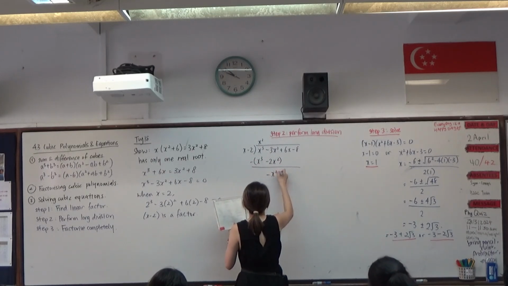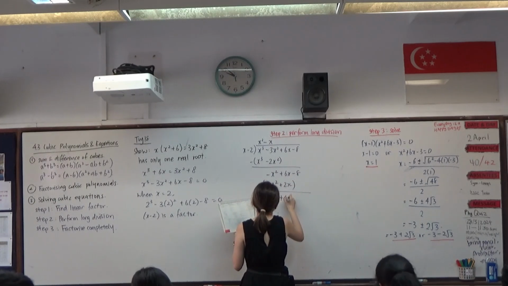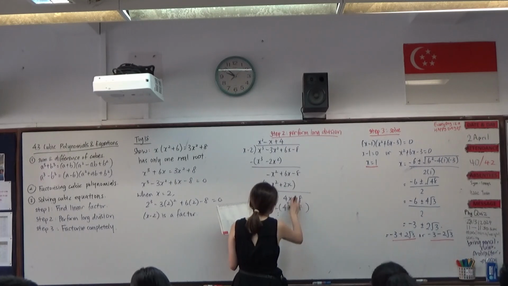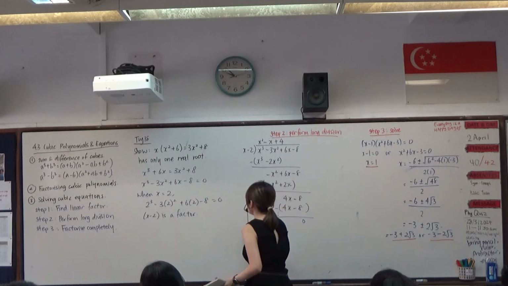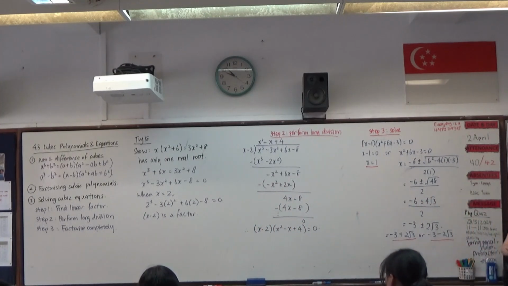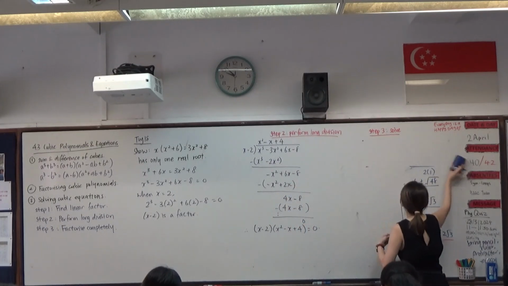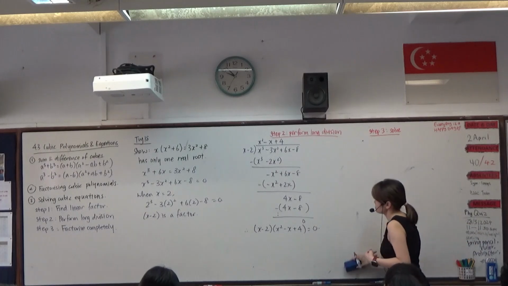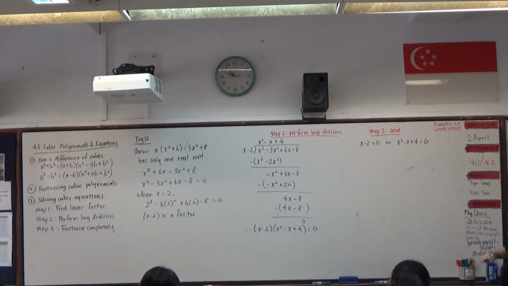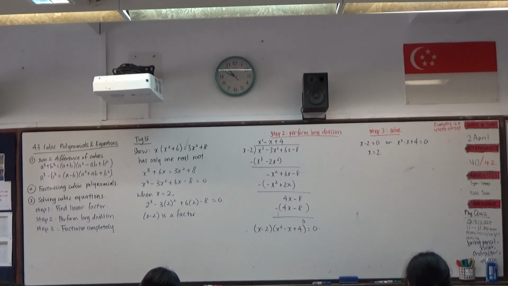Minus 3 plus 2. Gives us our x equals to 2. So that is one real root already.